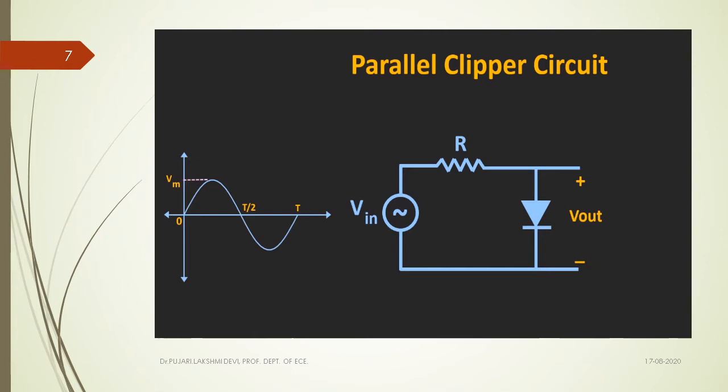Whenever the anode is at a higher potential than the cathode, the diode is in forward bias, and it acts as a closed switch. Excluding the drop across the resistor, see how the output appears.